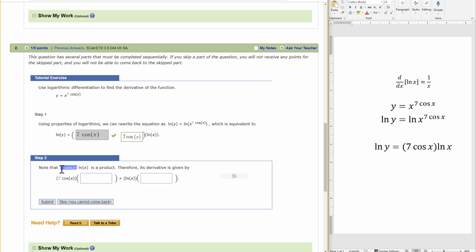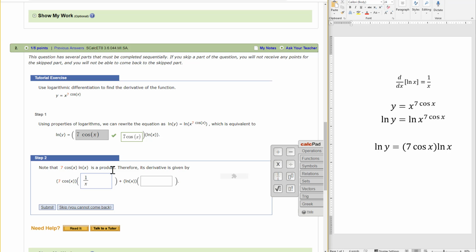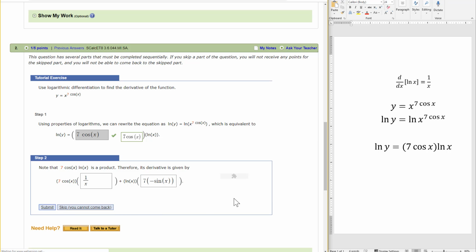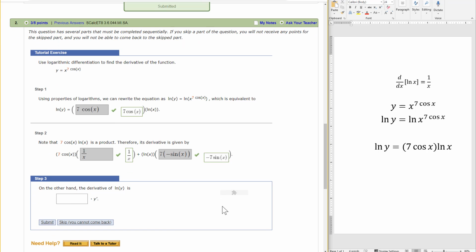The product rule says we take the first term times the derivative of the second term, that's 1 over x, plus the second term times the derivative of the first term. 7 is a constant, so we keep the 7 there, and the derivative of cosine is negative sine. So that is our derivative of the product. That's the right hand side.